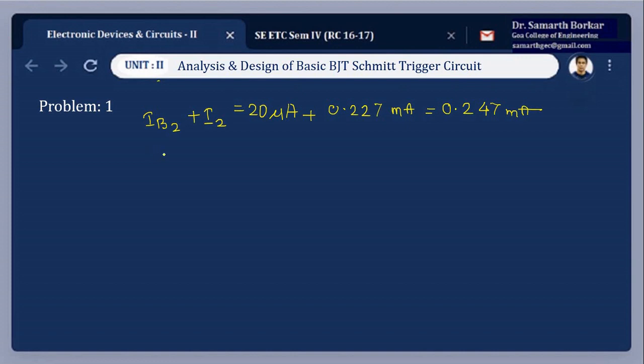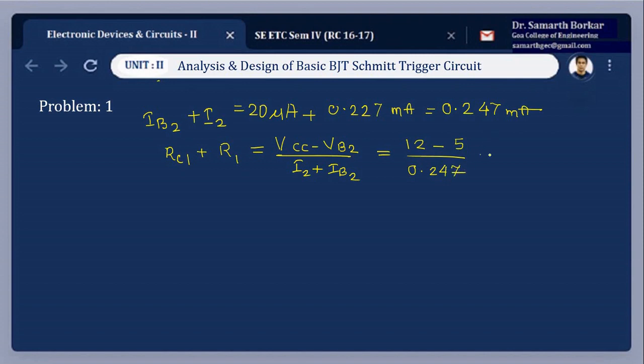Now from the figure we can write RC1 plus R1 equals VCC minus VB2 divided by I2 plus IB2. Substitute the values: 12 minus VB2, which is 5, that is the upper trigger point, divided by the current 0.247 milliamperes. So this value is 28.3 kilo ohms.